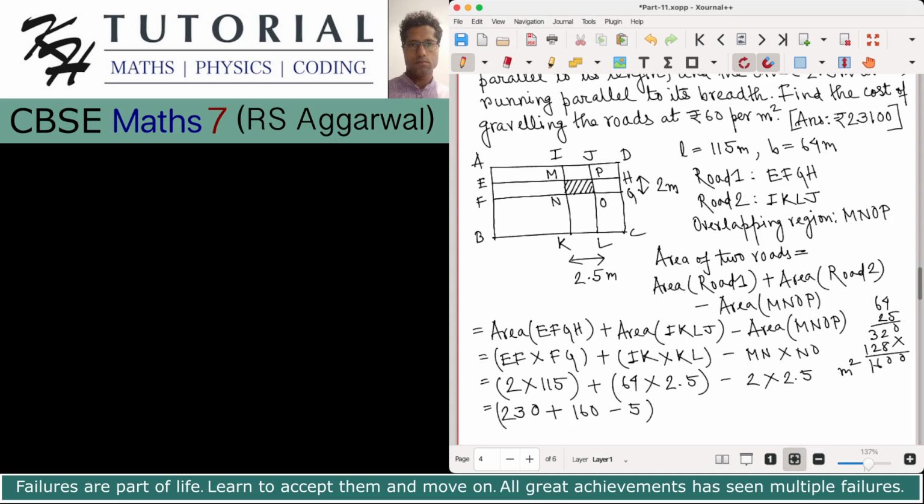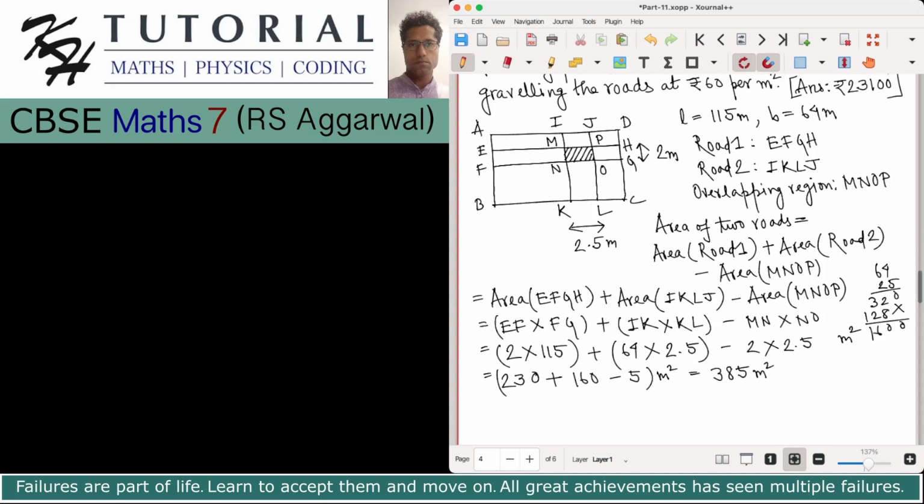So this much meter square is equal to 230 plus 160, which is 390, minus 5, and we have 385 meter square as the total area of the two roads.